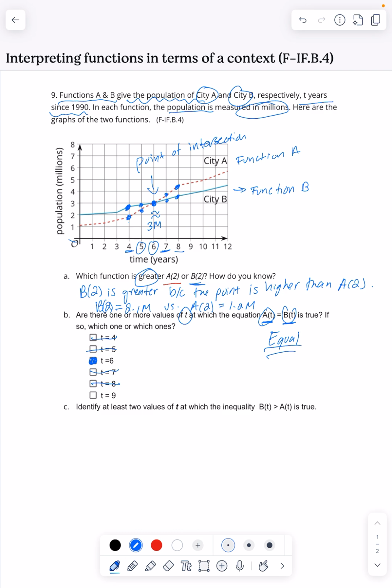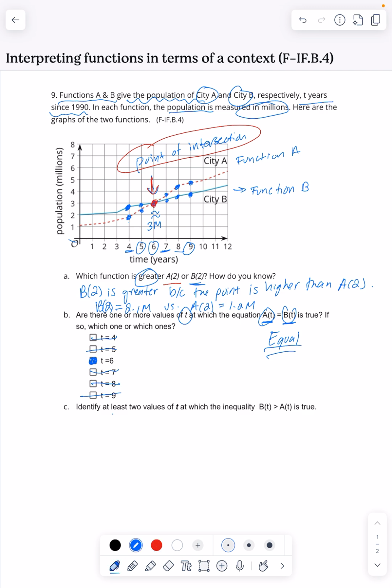And then lastly, t of 9, city B is right here, city A is up here. So that is not a value of time where both of the cities have the same population. So it's only at this point of intersection, right here, where they're actually both equal.